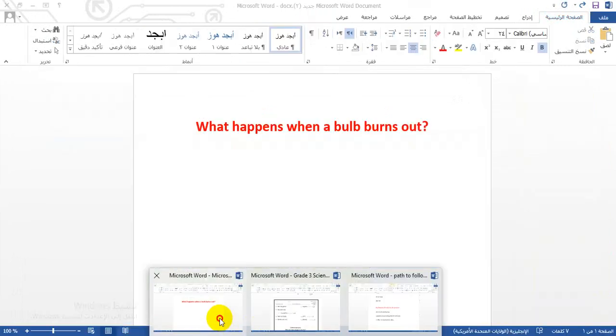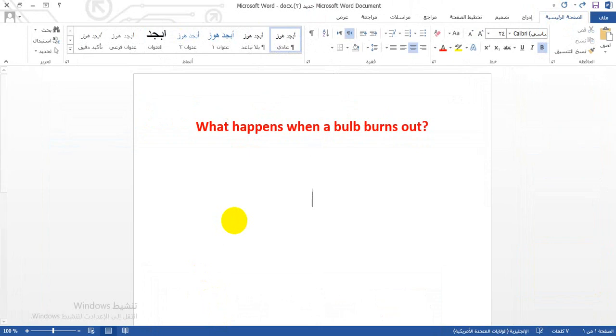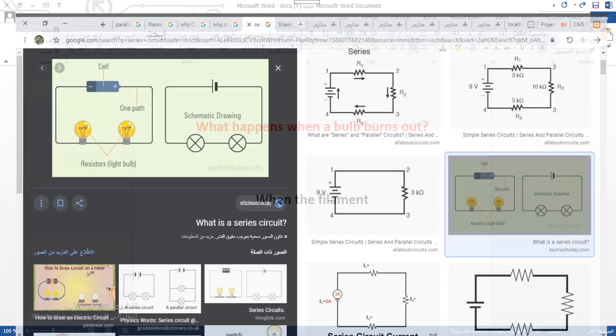To understand again, I will write it for you here, okay? Change the color in case you understand well. So when the filament, you know what the meaning of filament is, guys? I will show you what filament means, in case to understand everything.